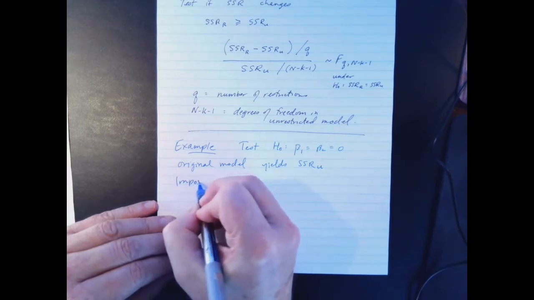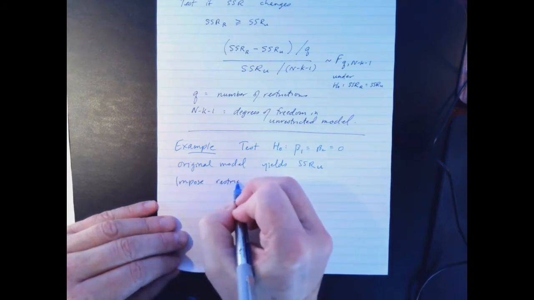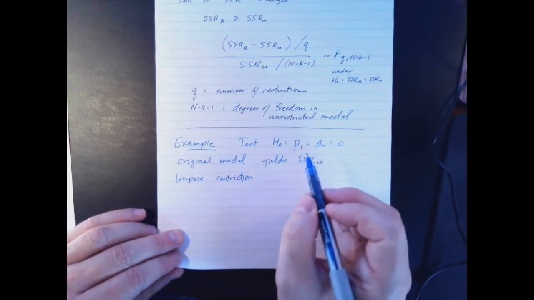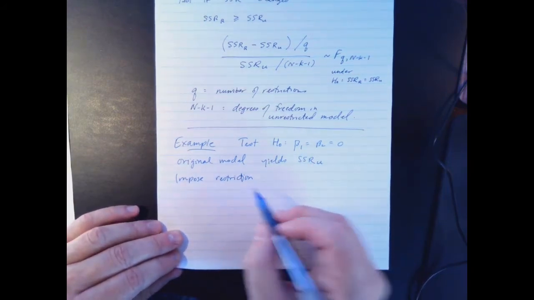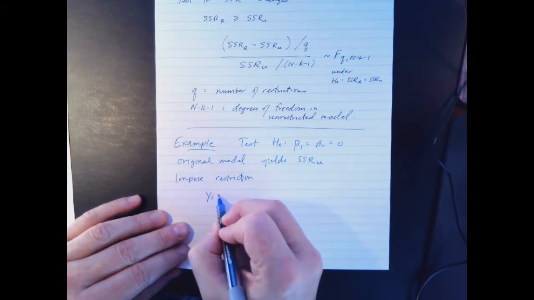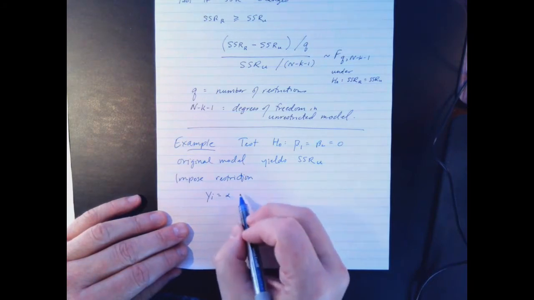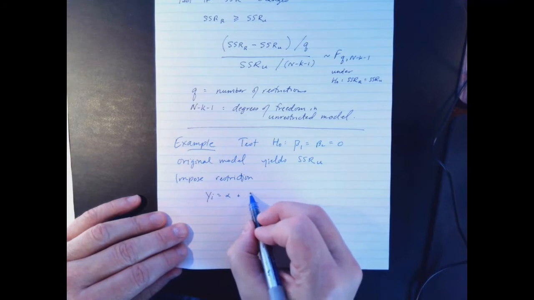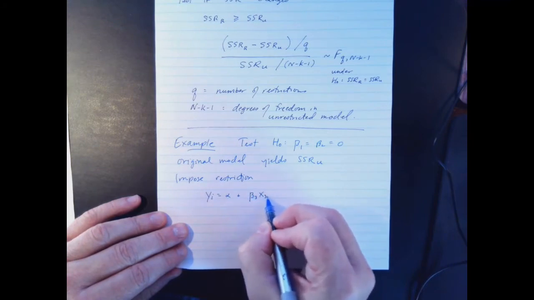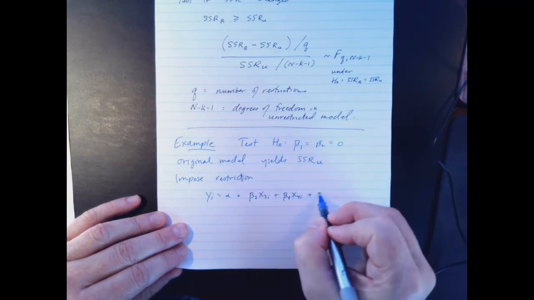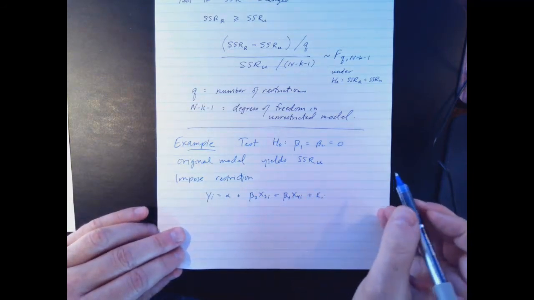Then we impose the restriction. So what does that give us? If we impose the restriction, then our regression model is now y equals alpha plus, okay, beta 1's gone, beta 2's gone, so then we have beta 3 x3 plus beta 4 x4 plus the error term.